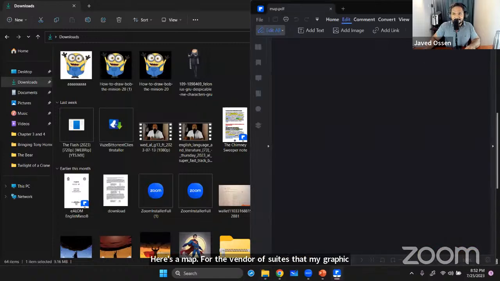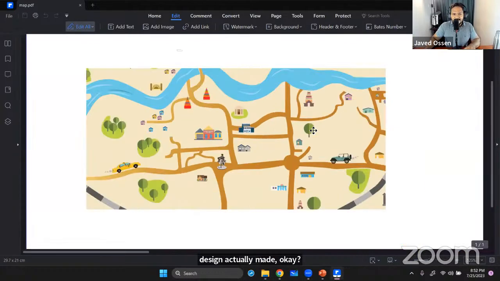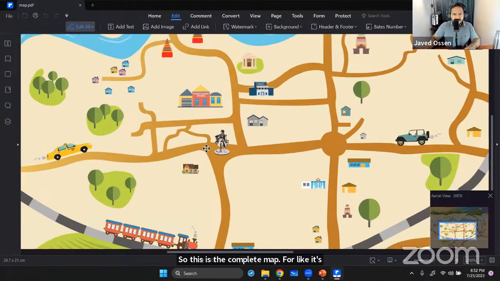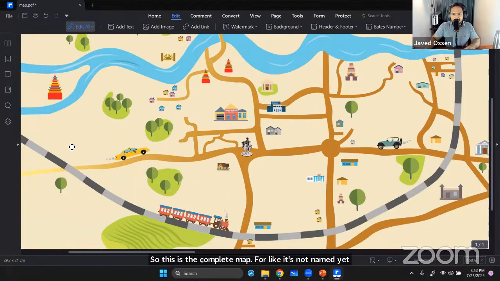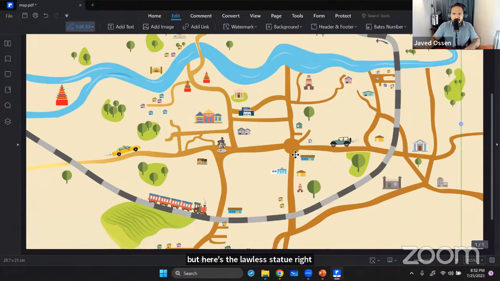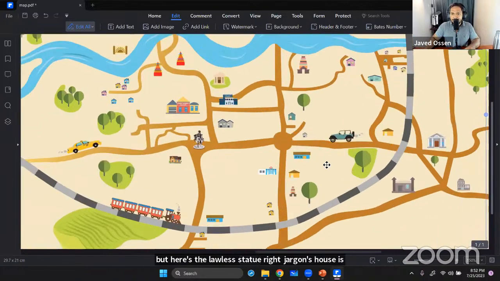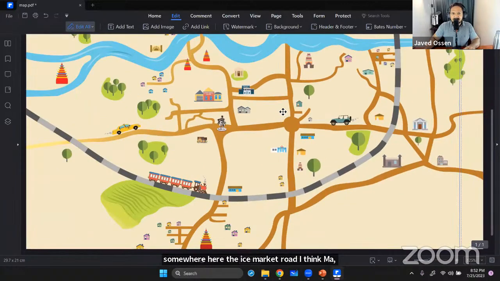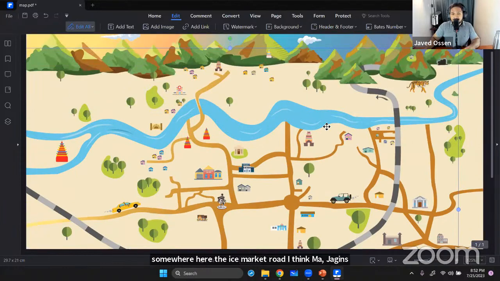So this is the complete map. It's not named yet, but here's the Lawley statue, right? Jagan's house is somewhere here. There is Market Road, somewhere here. There is also a place called Nallappa's Grove, passing the river, and Nallappa's Grove is somewhere here. This is the map of Malgudi.